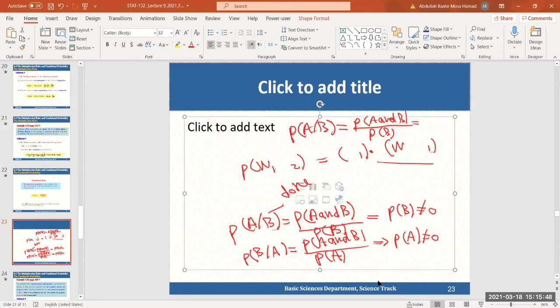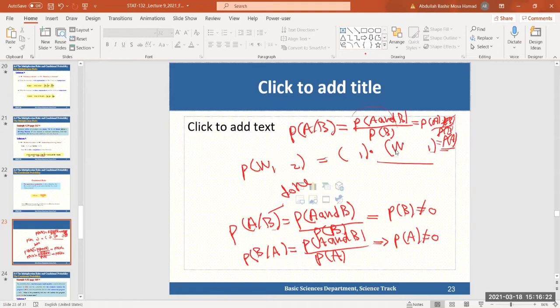So P of A and B equals P of A multiplied by P of B, over P of B, which equals P of A. Why does it equal P of A?